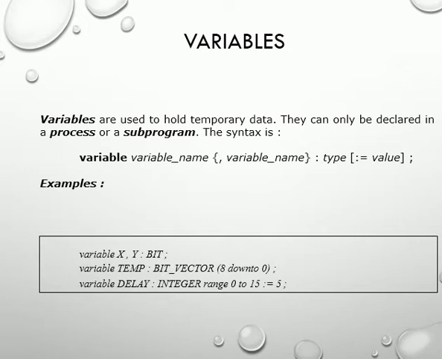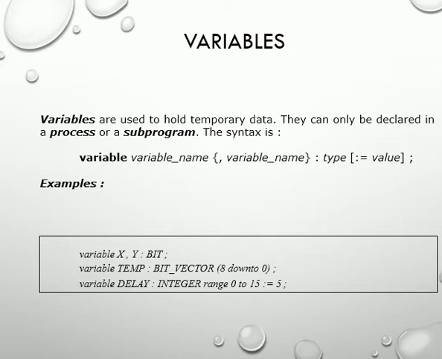That means variables are used to hold temporary data. In constants we cannot modify the value, but these variables hold temporary data, which means they will get updated depending on the data flow.